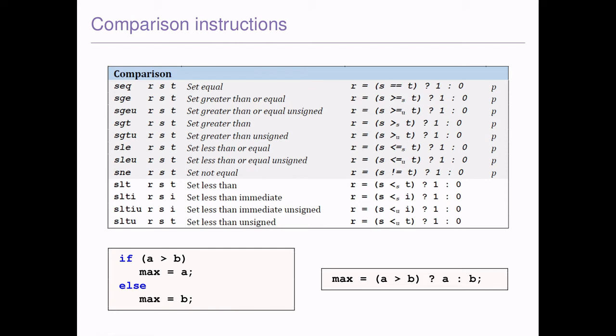It might seem odd, but if we go down to this bottom if statement where we have if A is greater than B, max equals A, else max equals B, the way we would specify that using the notation on the top right is max equals the condition, and based on that condition we would say A or B. So if A is bigger than B, you would read that as max is equal to, if the condition A is greater than B, then it should be A, if not, then B. Up at the top in our set equal, it says R is equal to, and then you test to see if S is equal to T, you set 1.